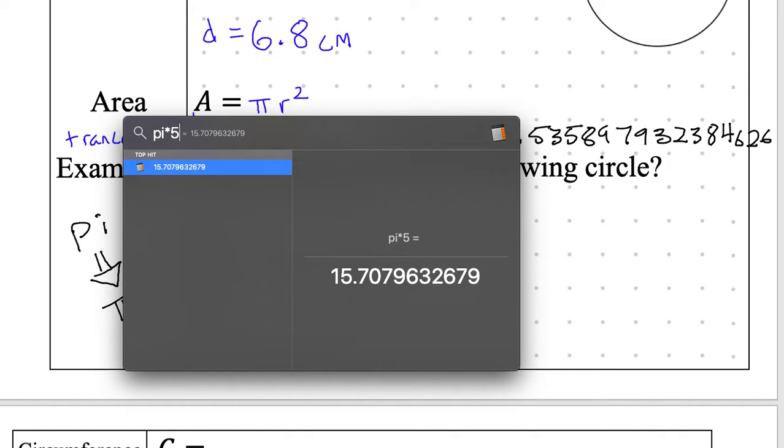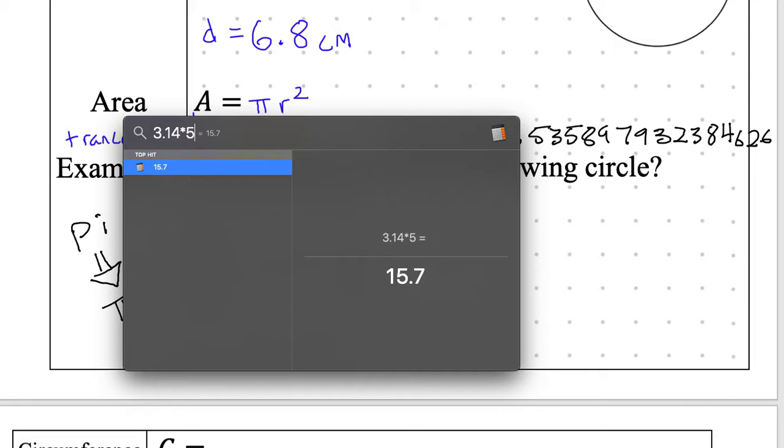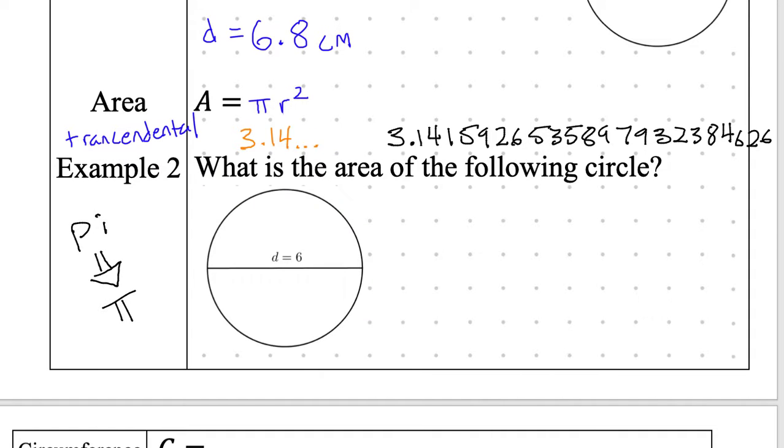They'll say, maybe use 3.14 for pi. I can say pi times 5 is about 15.7, but we should all know if I do pi times anything, it will go on forever and ever. So, I want an exact answer and I want a rounded answer, but I want you to be using exact answers for Khan Academy. It makes your lives so much easier.